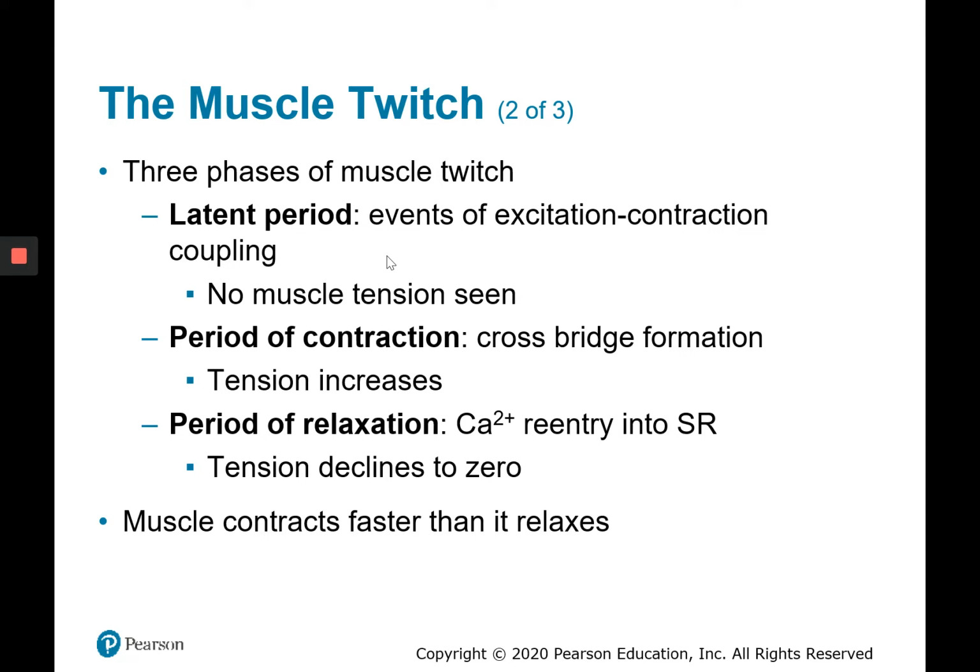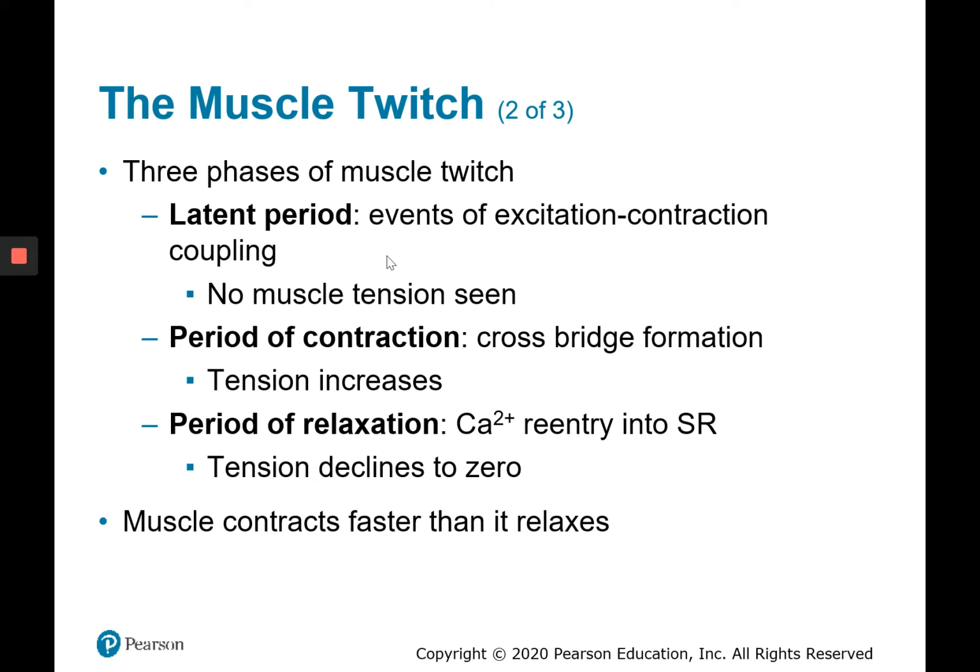Cross-bridge formation is what creates or produces tension, whereas during the latent period, we are still looking at a muscle that's going through the excitation-contraction coupling phase, where we're trying to link an action potential being generated in the sarcolemma of a skeletal muscle fiber to not only calcium release from the sarcoplasmic reticulum, but then ATP use by the myosin heads of the thick filament. So during the latent period, we are not going to see any tension.